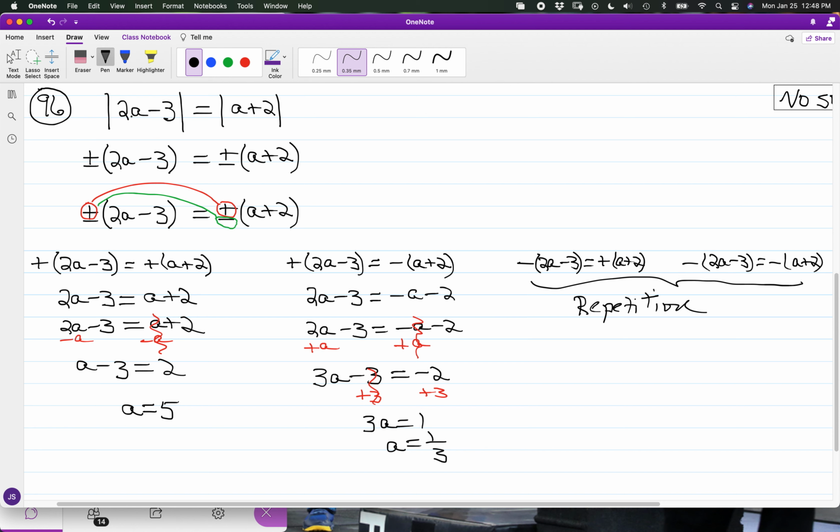And 2/3 minus 9 over 3 becomes negative 7/3. And guess what? The absolute value of negative 7/3 is also 7/3. 7/3 is equal to 7/3. And so with our solutions, one is the integer 5, and the other is the non-integer fraction 1/3. And if I tried out these equations, I would have 5 as well as 1/3 all over again.